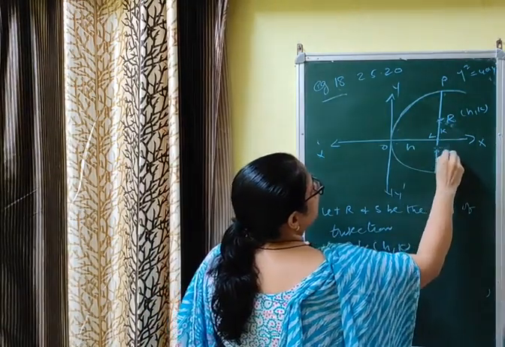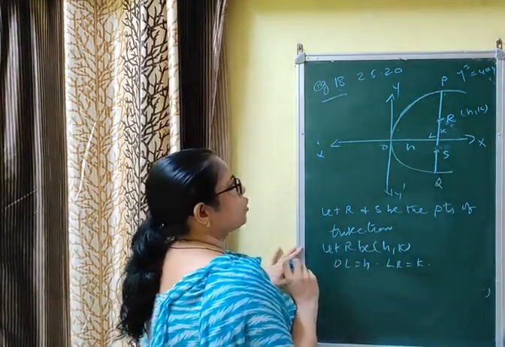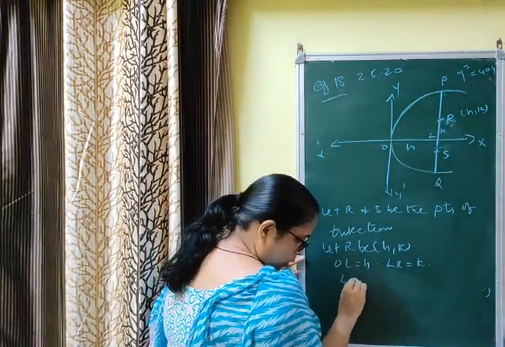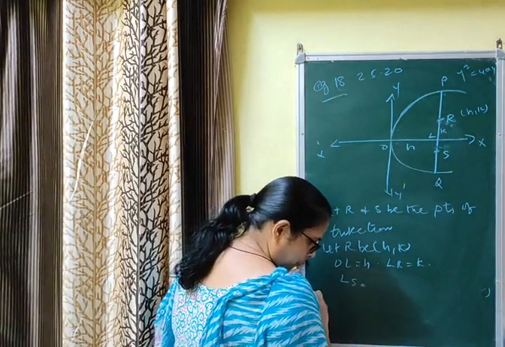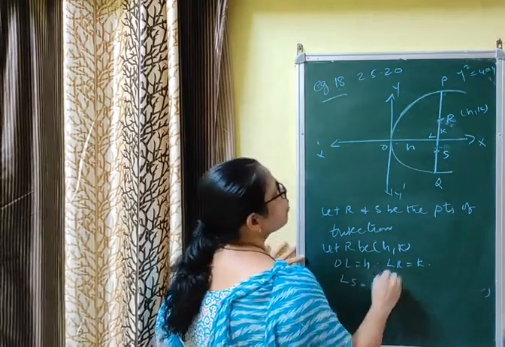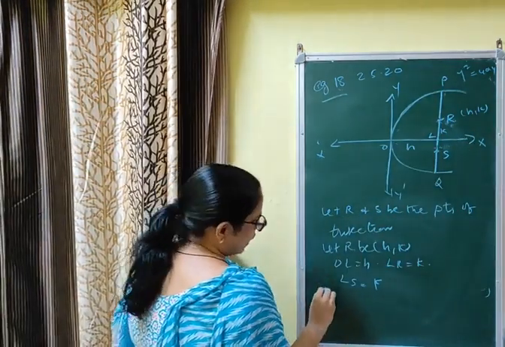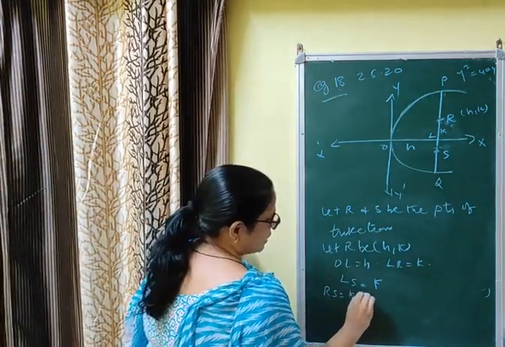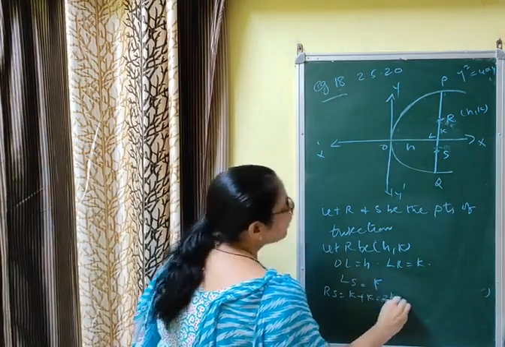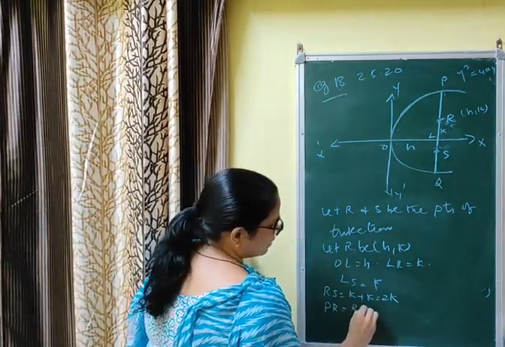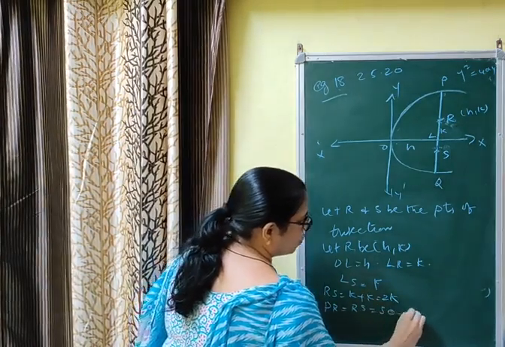Now this point we have taken as S. LR is equal to LS equal to k because these are points of trisection. Now RS is equal to k plus k, that is 2k. Now PR is equal to RS is equal to SQ is equal to 2k.